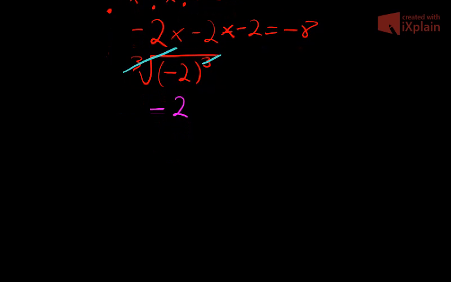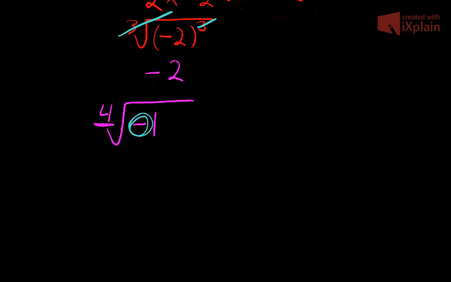Looking one more time, I want us to try the fourth root of negative 1. So if we see an even number here, that means we're going to have an even number of things multiplied. And if we have an even number of things multiplied, that means we can't end up with a negative. So if we have an even root, that means we cannot have any negatives in it.